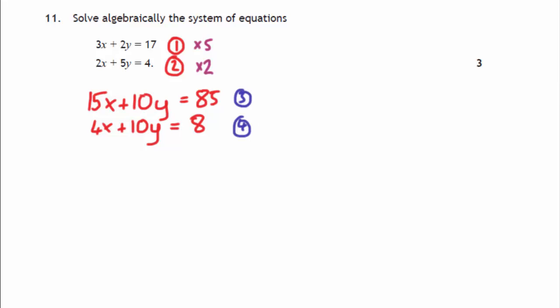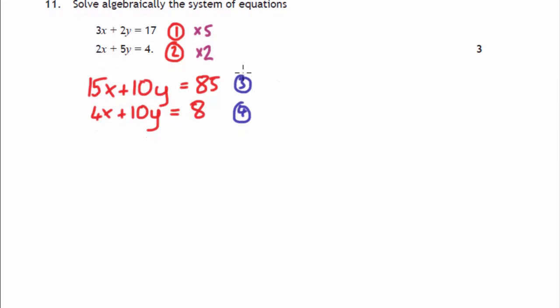Now, what we can then do is, if we take equation 3 and take away equation 4 from it, what we end up with is 15x minus 4x is 11x, 10y minus 10y is 0, and then that equals 85 minus 8 is 77.